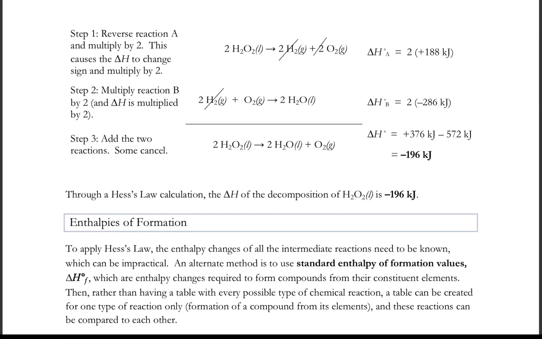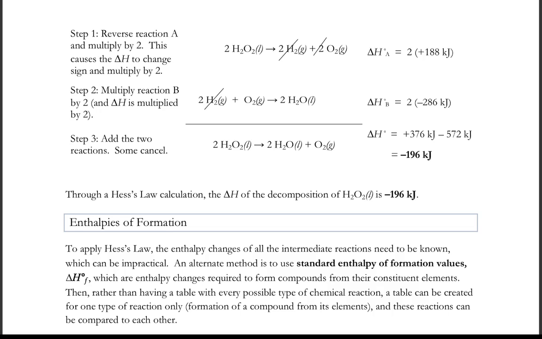So we reversed reaction A, and we multiplied by 2. You can see that reflected in the delta H of it, delta H sub A, it's now called. And in the second reaction, we had to multiply through by 2. So we do that for its delta H sub B. And we now are ready to add our two reactions together.